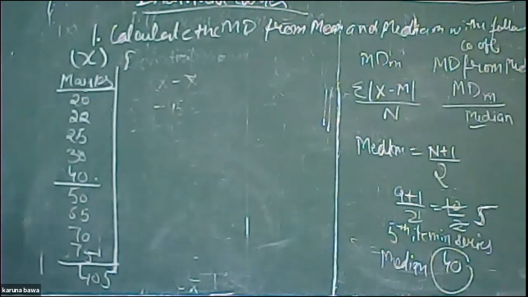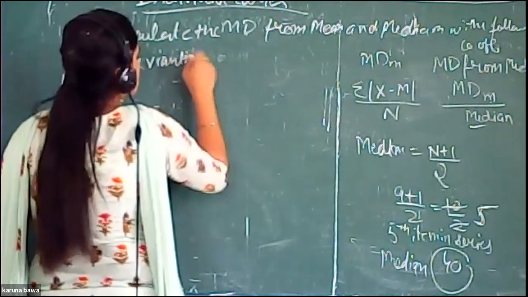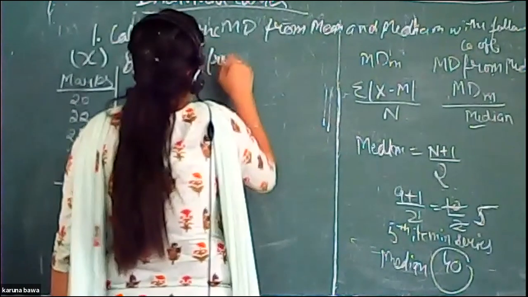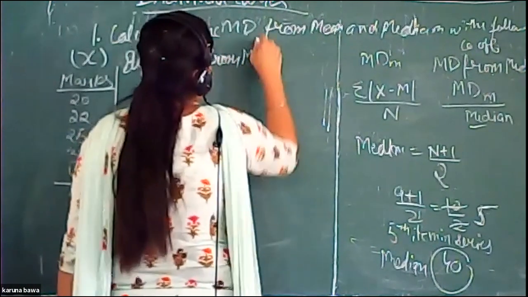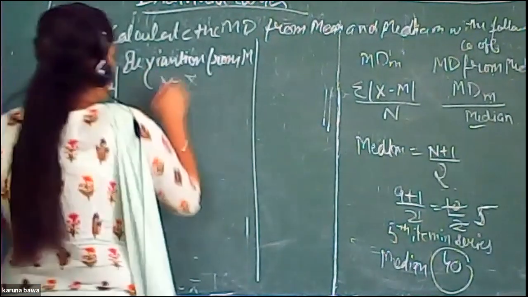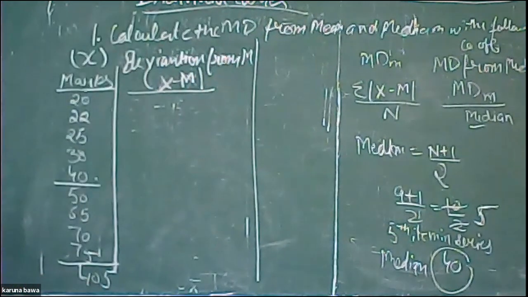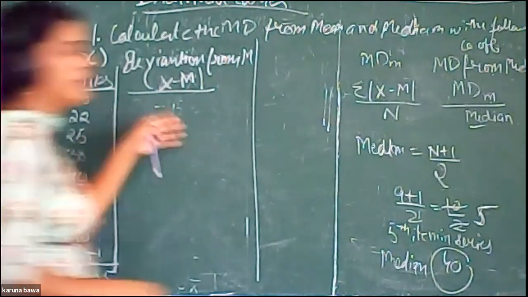On the other hand, the deviation from median, x minus median, is calculated the same as with the mean value.